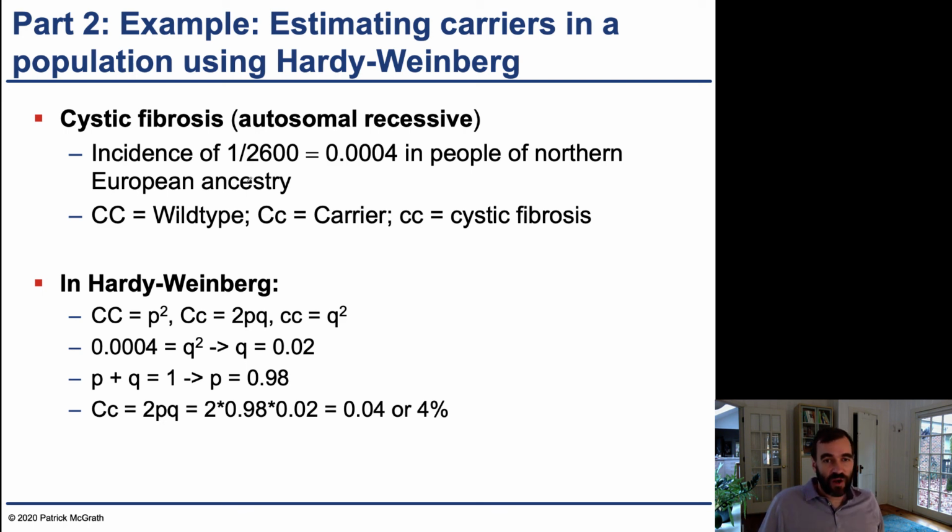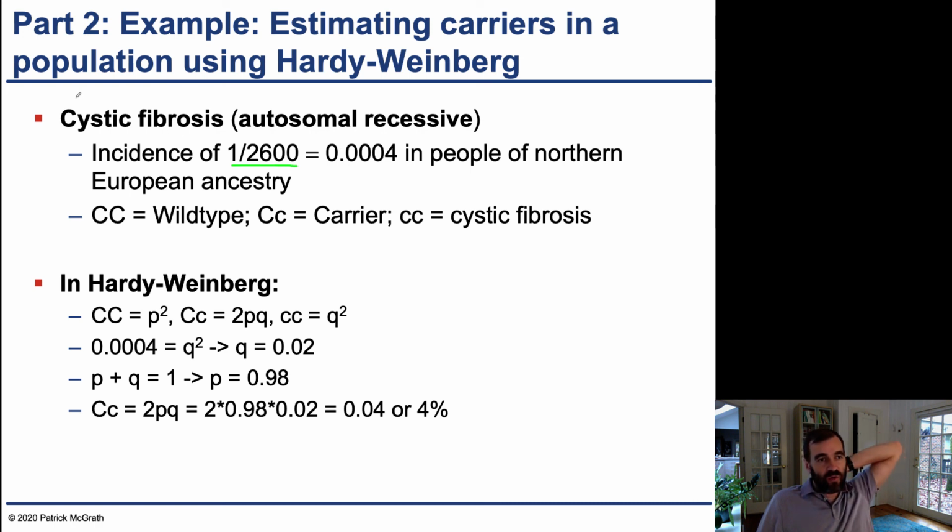If we go through the population and calculate how many individuals actually have it, it's 1 out of 2,600 people from a population like a Northern European population. So it's a very low percent, 0.0004 of people will have this disease.